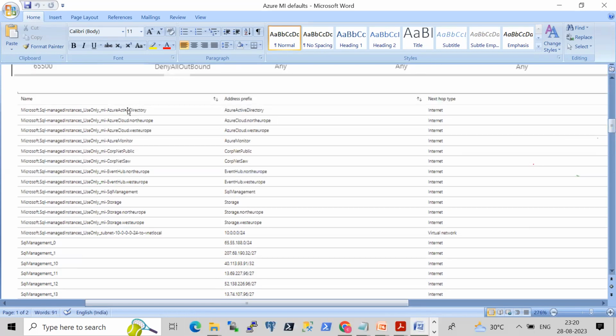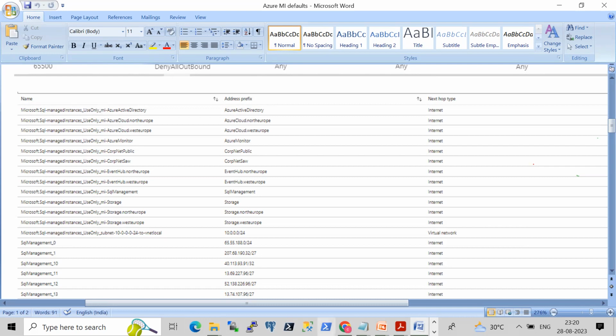Counting them, 1, 2, 3, 4, 5, 6, 7, 10, 11, 12, 13. If you leave out SQL management, that is 13, guys. I will show you the route tables, NSGs and all once MI gets created.